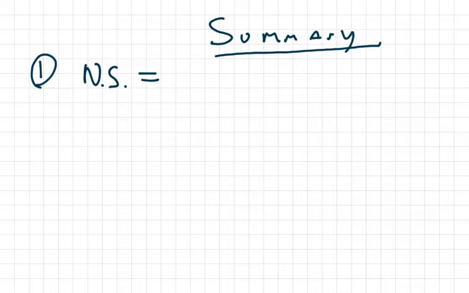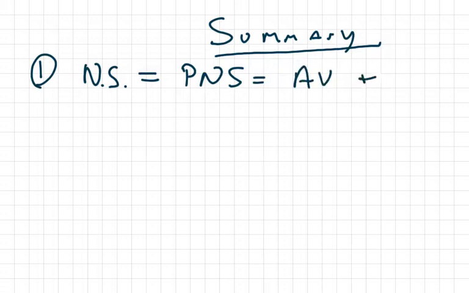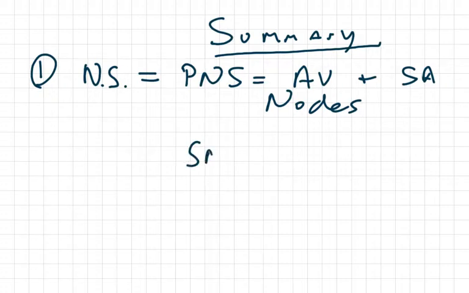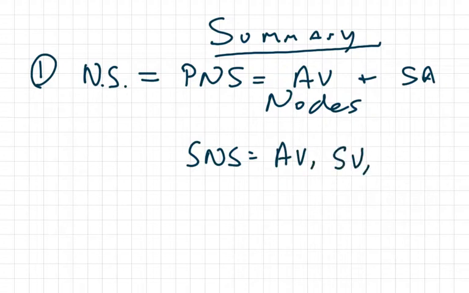Here we discussed how the PNS innervates the heart at the AV and SA nodes, whereas the SNS innervates both the AV and SA nodes, the bundle branch, which I'm just going to call BB, and the Purkinje fibers.